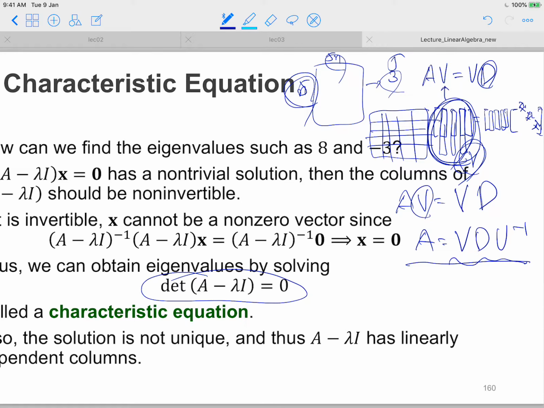Okay, so in conclusion, given a matrix A, if A has an eigen decomposition, then A should give us n linearly independent eigenvectors. Again, it should give n eigenvectors to make V a square matrix, and not only that, we also need all N eigenvectors to be linearly independent.